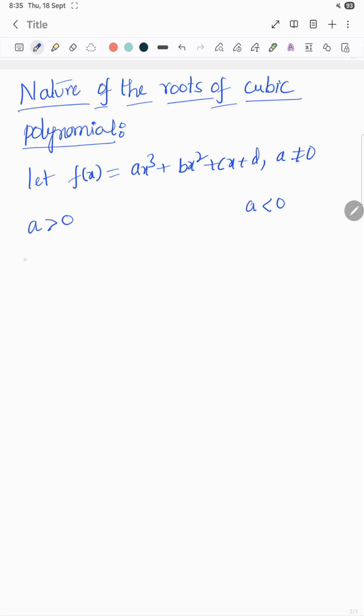So, when x is approaching infinity, f of x approaches positive infinity. When x is approaching negative infinity, f of x approaches negative infinity. This point you should keep in mind.